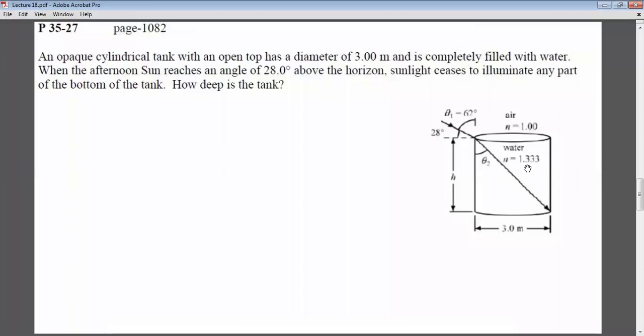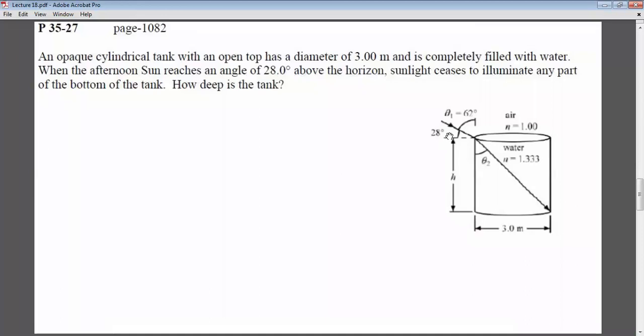When the afternoon sun reaches an angle of 28 degrees above the horizontal, so this angle here is 28 degrees, sunlight ceases to illuminate any part of the bottom of the tank. How deep is the tank?